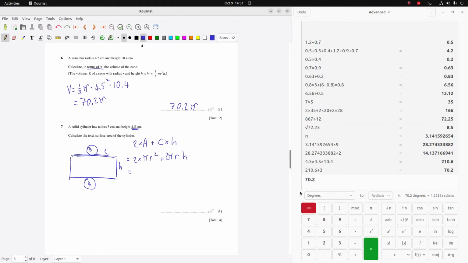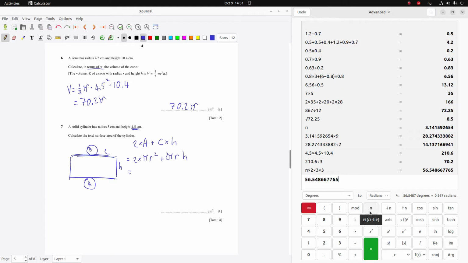Let's do the first one first. Pi multiplied by 2 multiplied by 3 multiplied by 3, that gives 56.548.